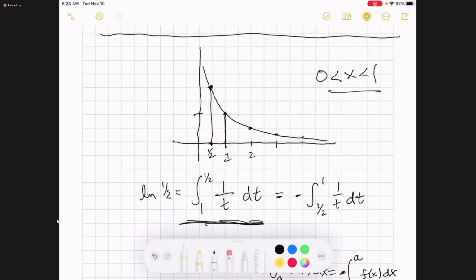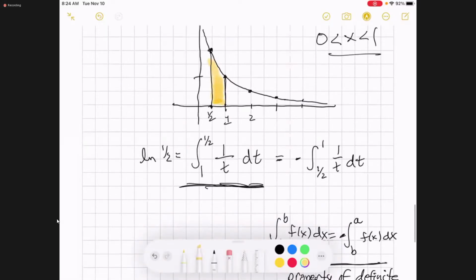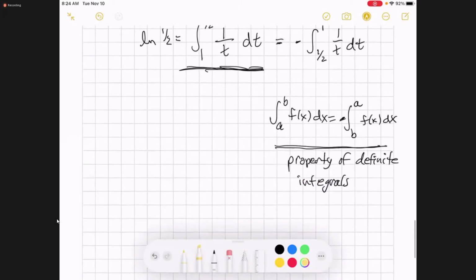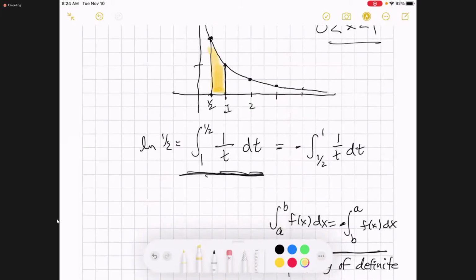Okay, I'm going to color it. That's better. I'll use that. Let's see if I can keep it with my picture. The integral from a half to 1 of 1 over t dt is the area of the yellow region.